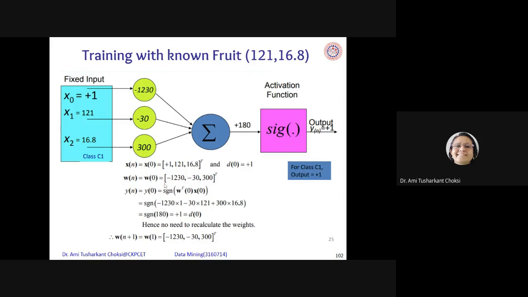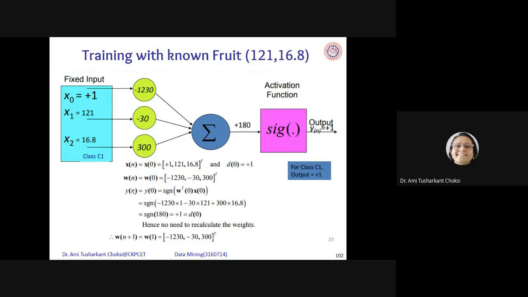Fine? So xn is equal to x0, that is plus 1, 121, 16.8 transpose, and the desired output is plus 1. Okay. Now Wn, that is for weights: minus 1230 is for bias, minus 30 is for x1 and 300 for x2.